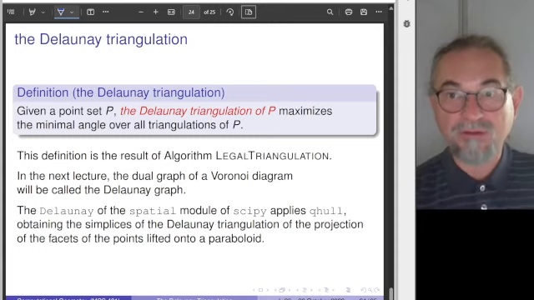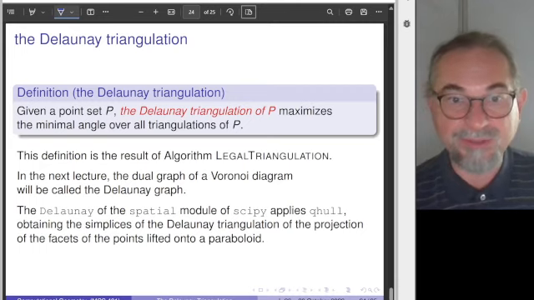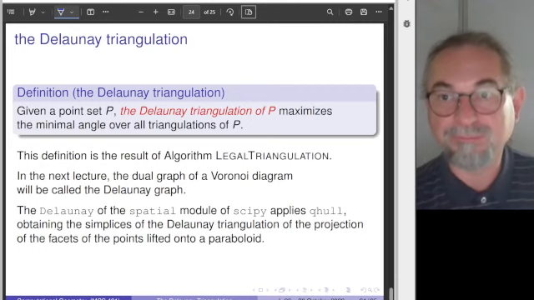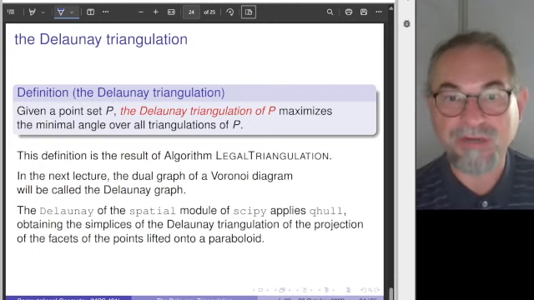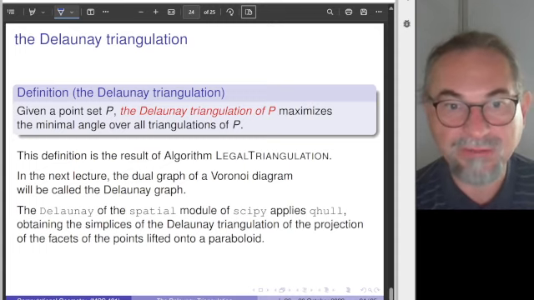Or Qhull quickly constructs the convex hull of a three-dimensional point set, and that can be used for both Delaunay triangulations and Voronoi diagrams. So we will get to that construction as well.